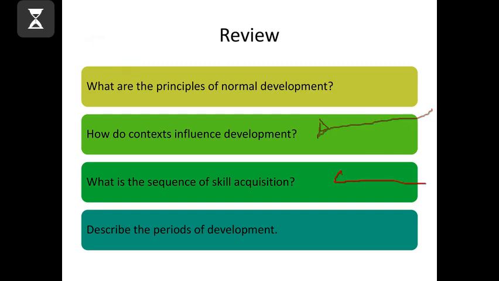Remember, they're impacted by context too. And could you describe the periods of development? I think, how many were there? Let's see. I think it started with gestation or prenatal, and it ended up in adolescence. So what are the points in between?